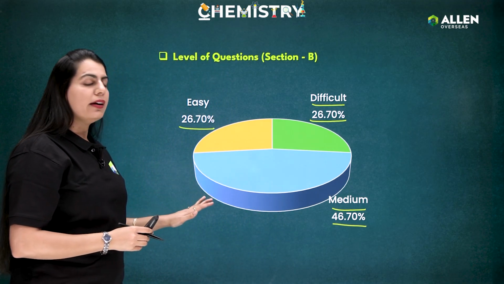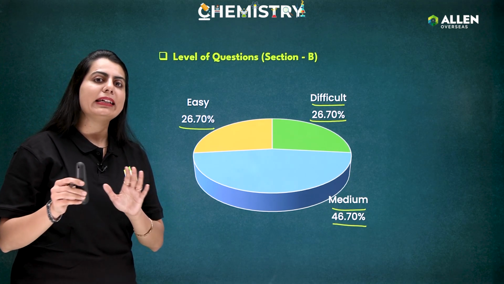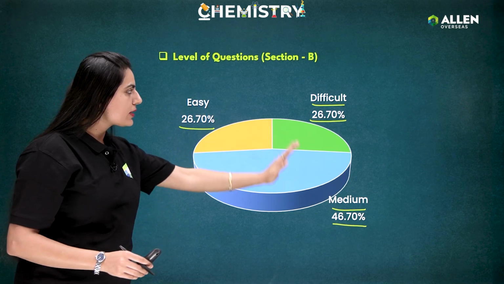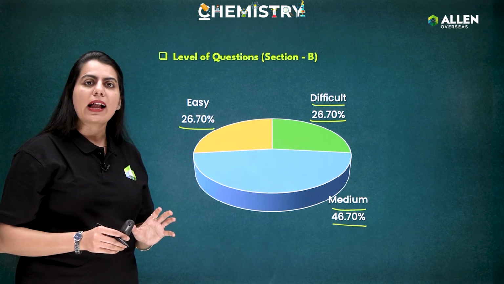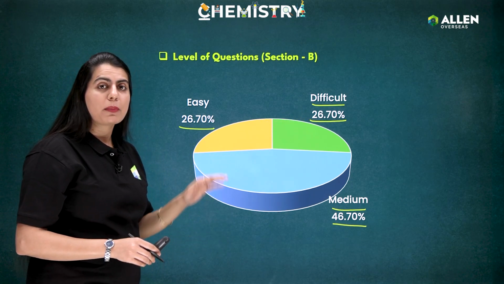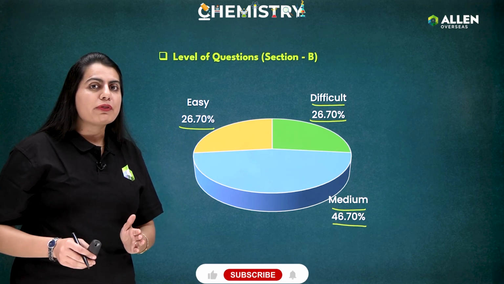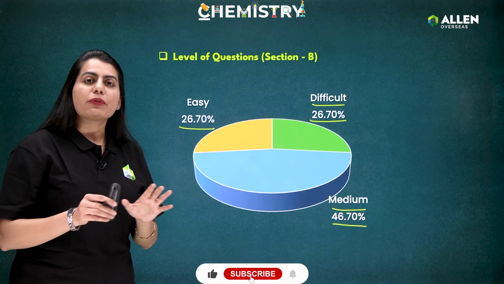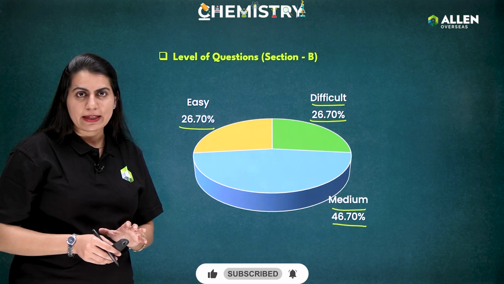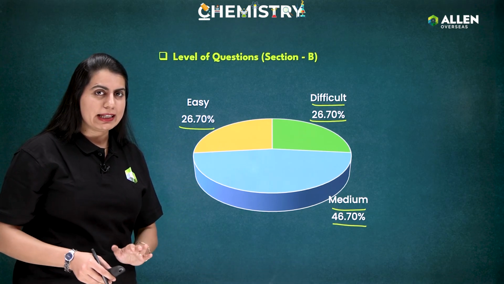So you can see here that out of 15 questions, you had to attempt 10 questions, and for that this was the level. You can clearly understand that you should have picked not the difficult questions but the questions from the easy and the moderate side. From 15 you have to be wise about which 10 questions you pick, obviously. Now, that was your analysis of section B difficulty level.